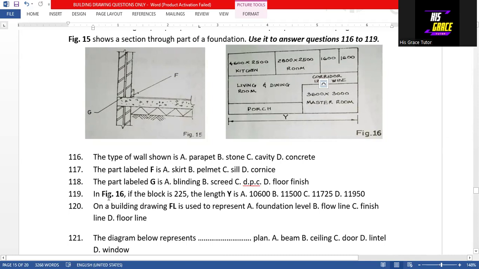Then question 119 in figure 16. Okay, we are making use of this. So in figure 16, if the block is 225, the length Y is, so length Y, we have length Y from here to here.